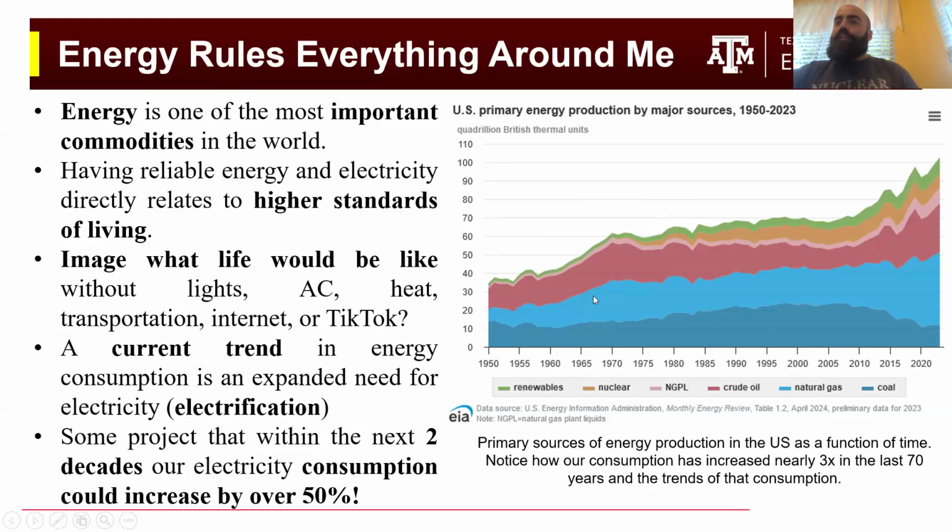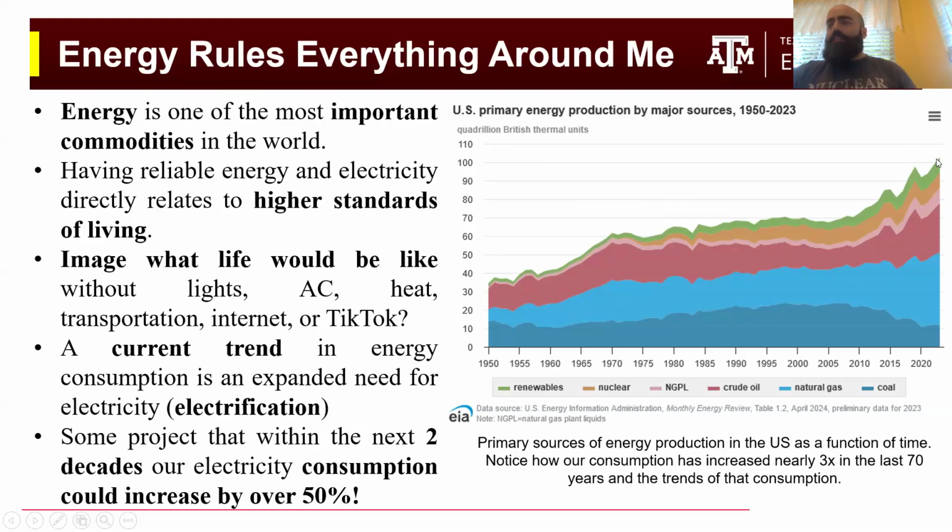This figure right here is showing the U.S. primary energy production by the different sources from 1950 to 2023. They use funny British thermal units as the unit of energy here. So if you look at 1950, in total, we were using like 35 quadrillion British thermal units.